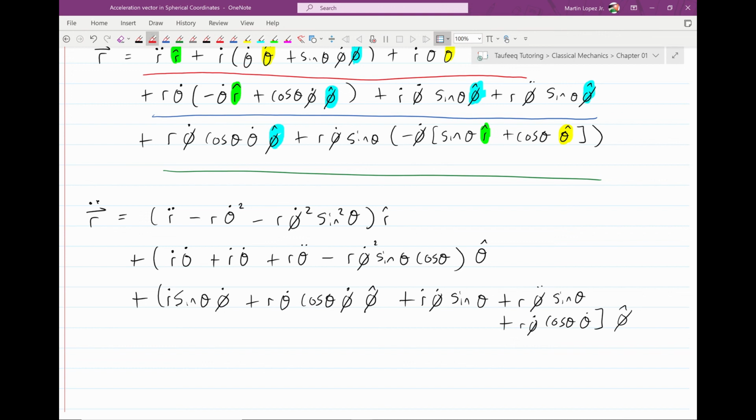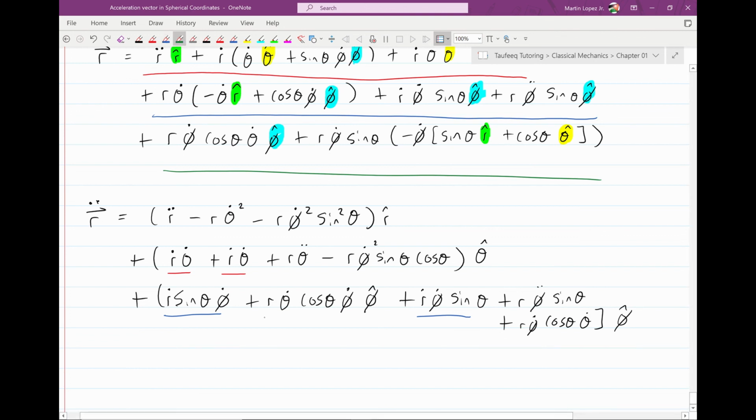Great. Now there's a few things that combine here. So in r hat, it doesn't combine. In theta hat, we do have some things that combine. So these two are the same there. And finally, in this one, we have a few of them that are the same.